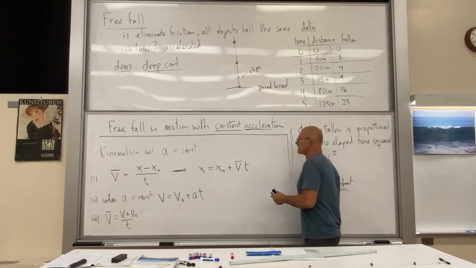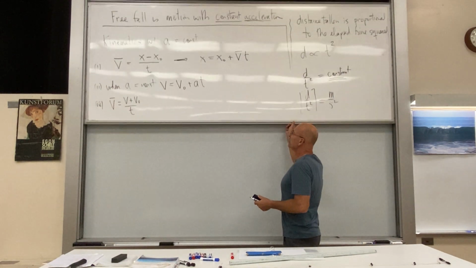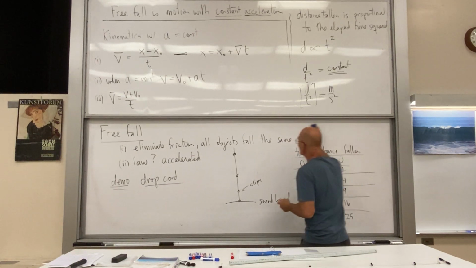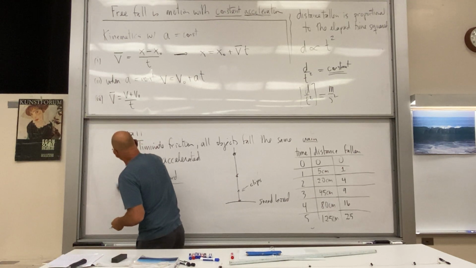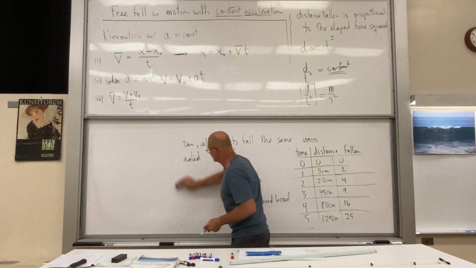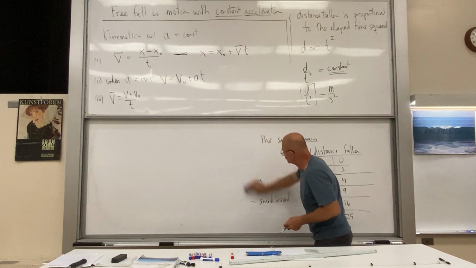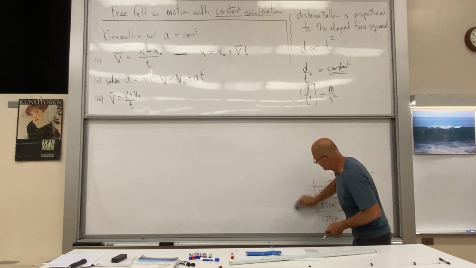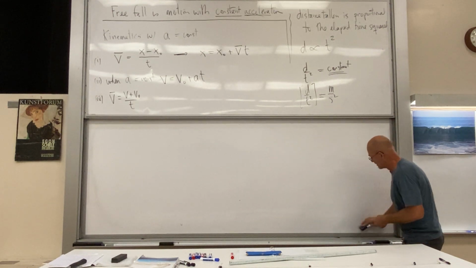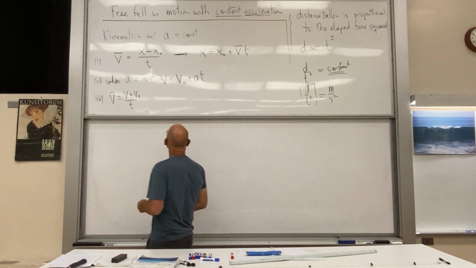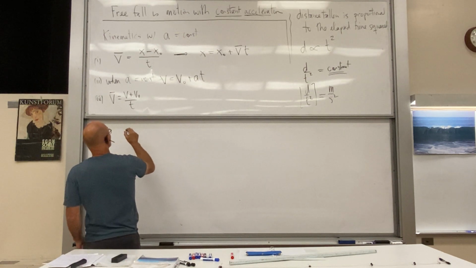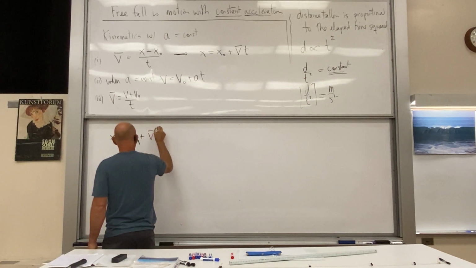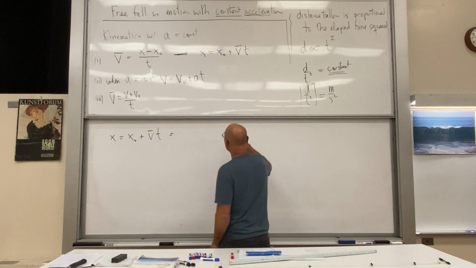So, I'll mark underneath here. We're going to plug them into each other and see what comes out. Okay, so what we'll do is x equals x0 plus v average t, but this time we're going to keep going.